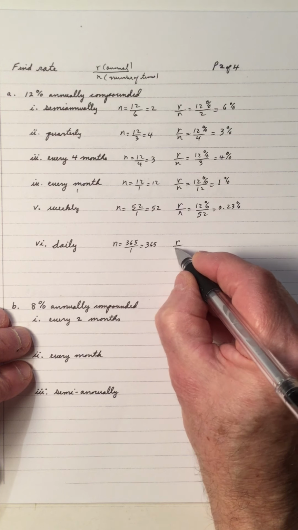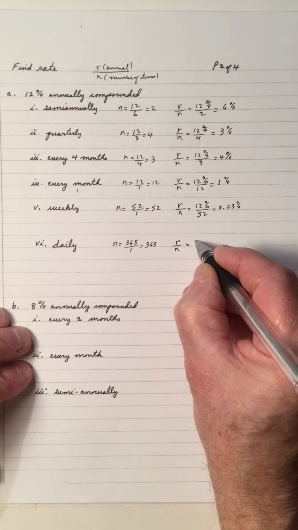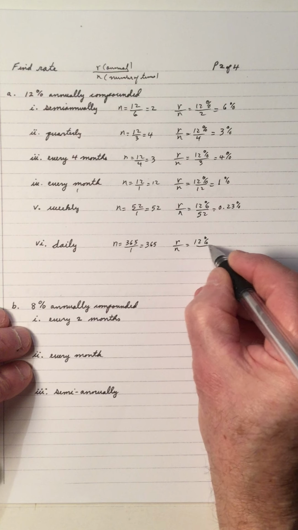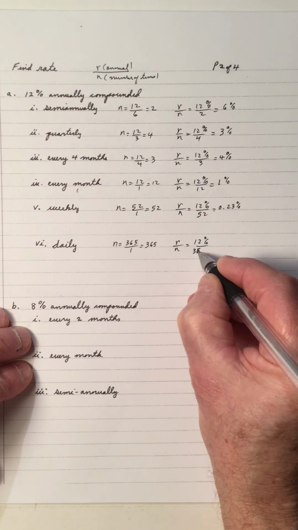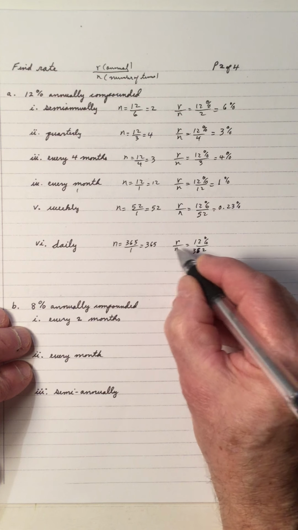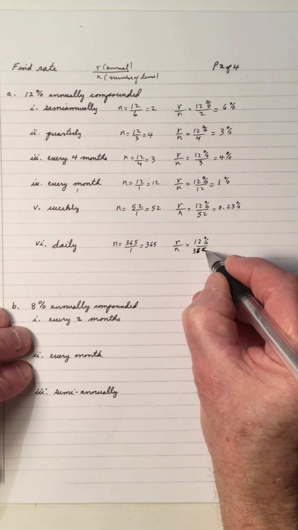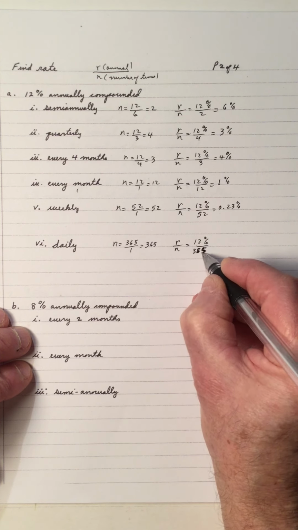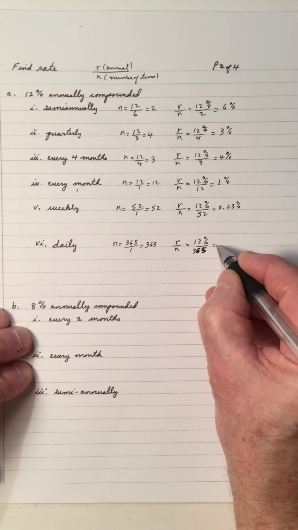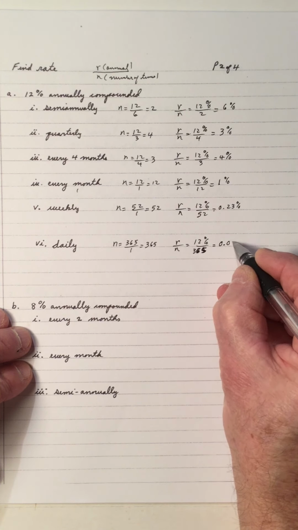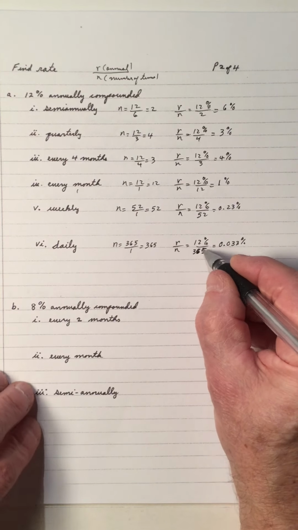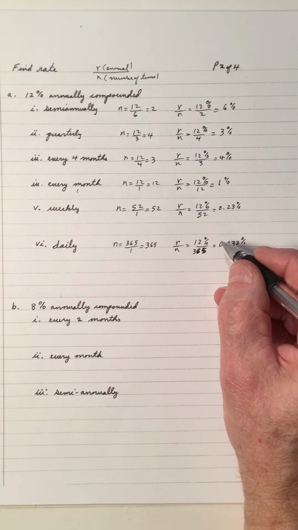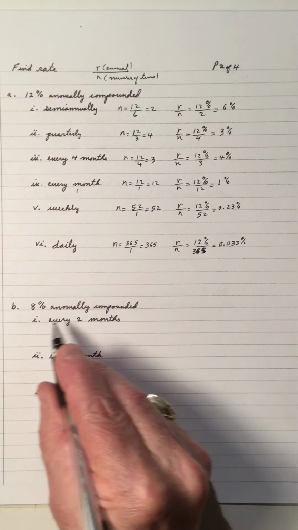So your rate is 12% divided by 365. I was thinking about weeks then. 365 days in a year, and that gives you 0.033%. Use your calculator, 12 divided by 365.